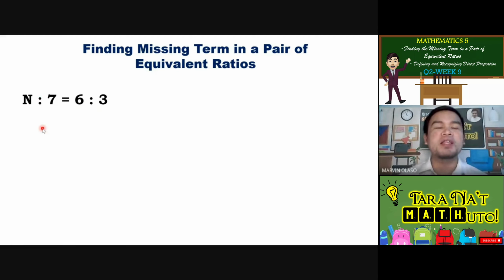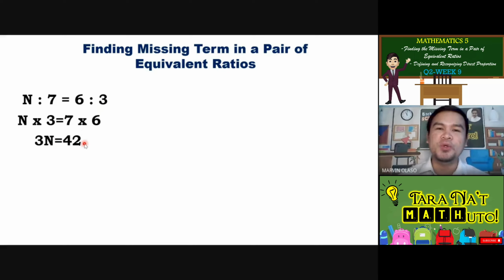So, we have this equation. Saan ba yung nawawala? Sa means ba or sa extremes? Ayan. So we have, okay, nasa extreme. So multiply natin to muna, n times 3 and we have 7 times 6. Okay. Diba? Ito yung nawawala natin. So what is n times 3? We have 3n. Then multiply also 7 times 6.